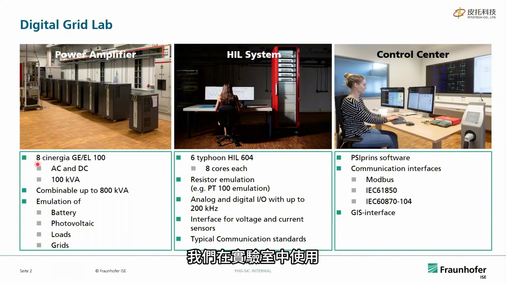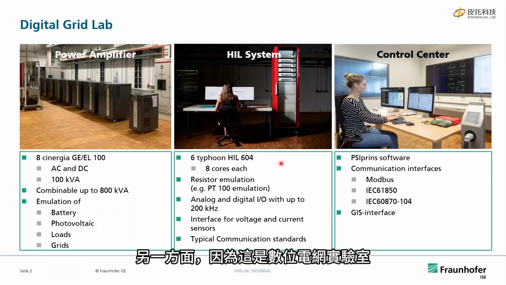We have chosen for the lab the Cinergia of type GEL, which all have a rated power of 100 kilowatts and can operate in AC/DC, in grid emulation and in load emulation.